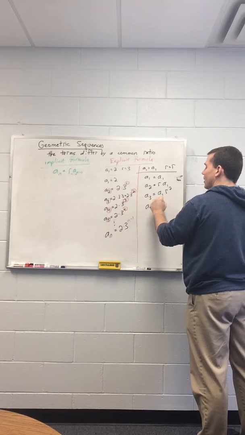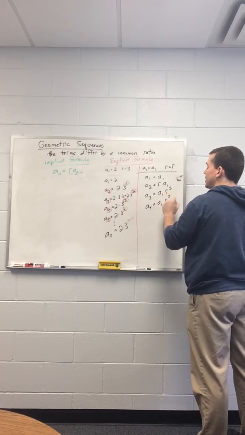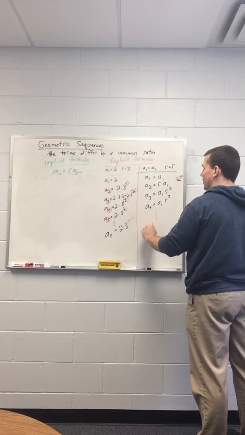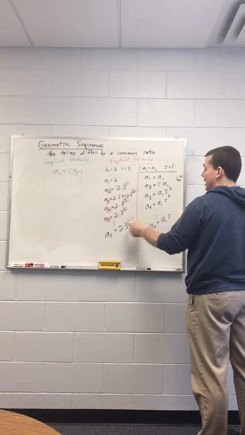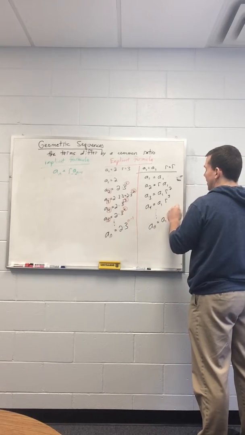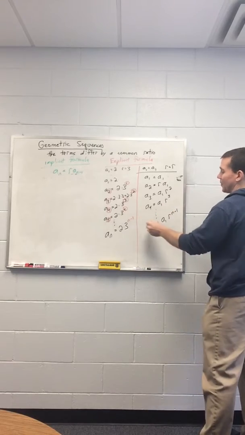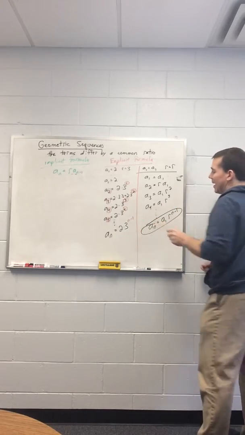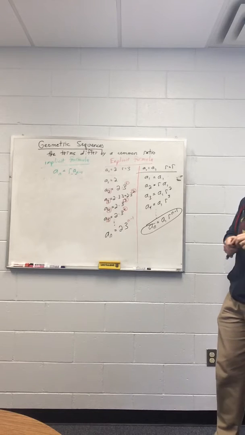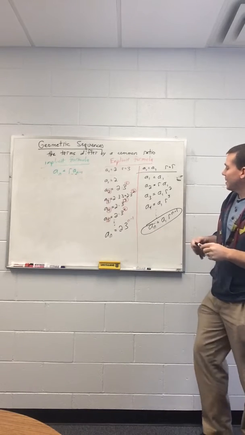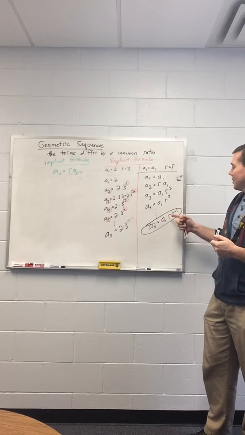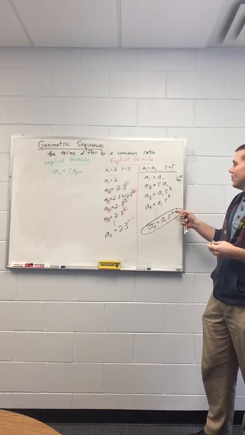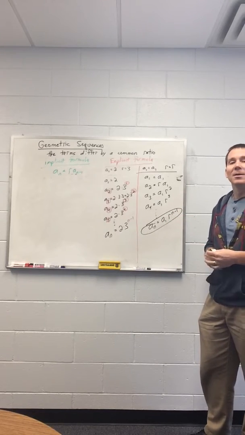A sub 4 will be a sub 1 times the ratio cubed. And if we generalize, a sub n will be a sub 1 times the ratio to the n minus 1, just like we got here. And now we have a nice explicit formula to find a sub n for any geometric sequence. Just take the first term and multiply it times the ratio raised to the n minus first power.